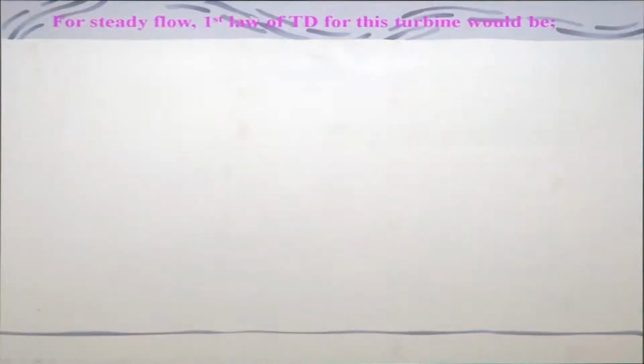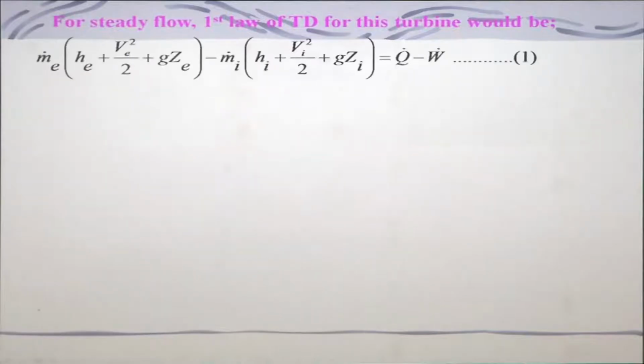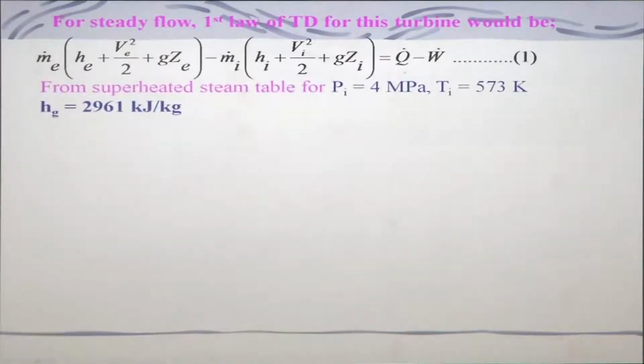For this turbine problem, we can apply the first law of thermodynamics considering it as steady state. The first law consists of the total energy term including the flow work, and the heat and work interactions.